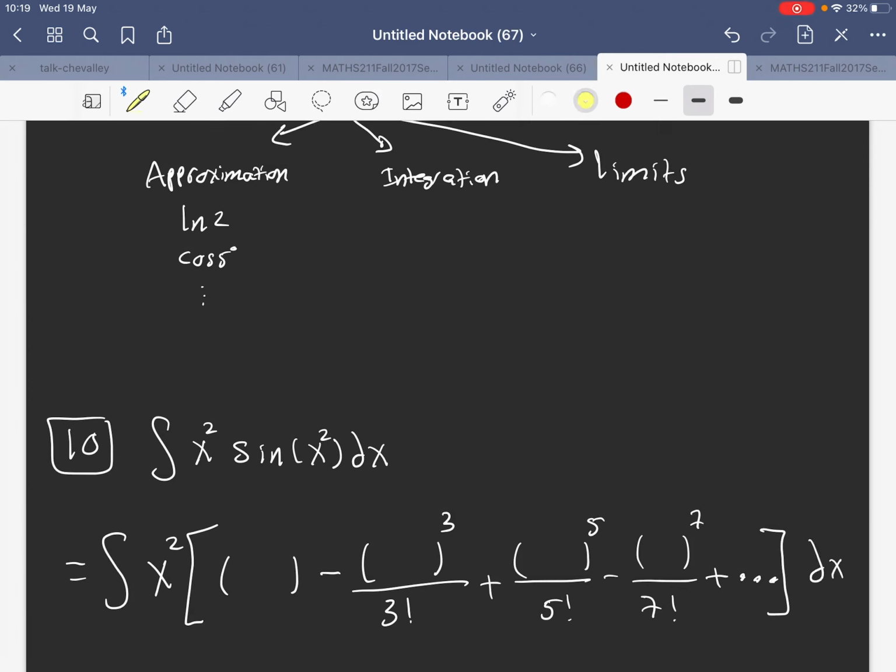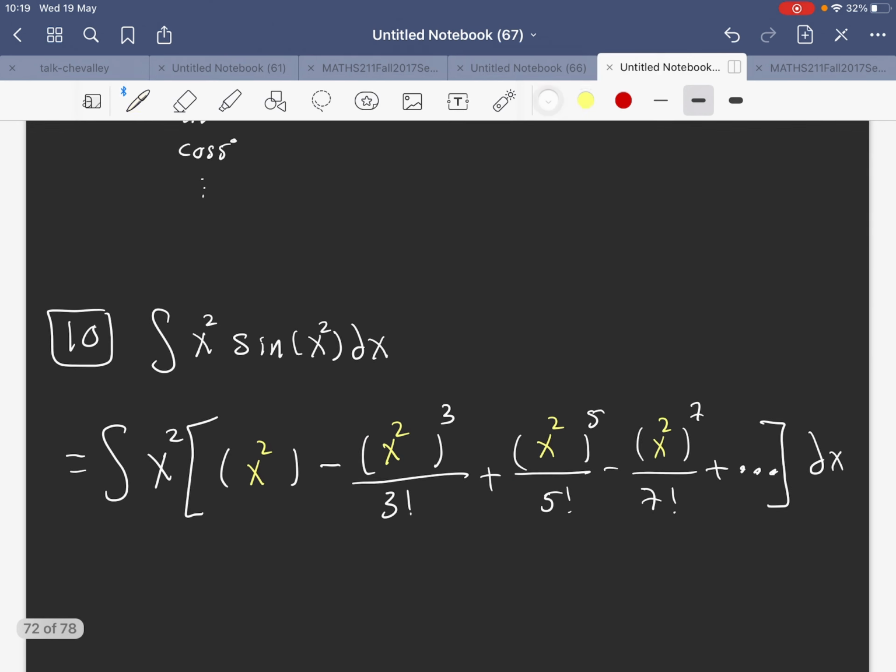Now, what do I mean by something? It should be an x, but here my input is not x, it's x squared. So everything here must be x squared. So this would be x squared, x squared, x squared, x squared.